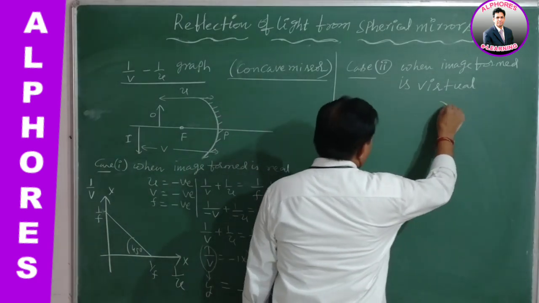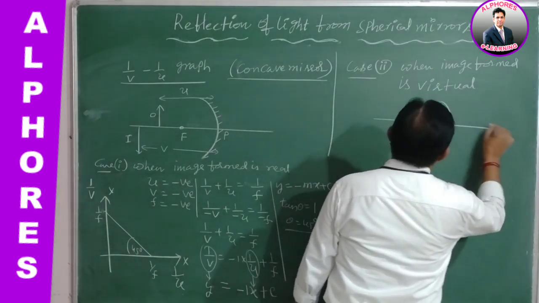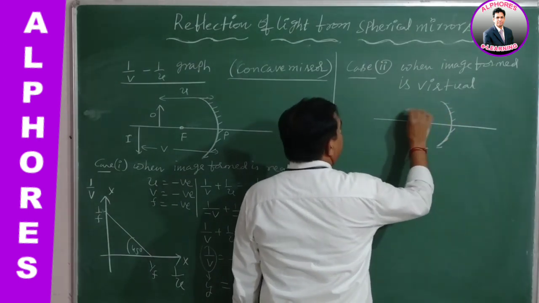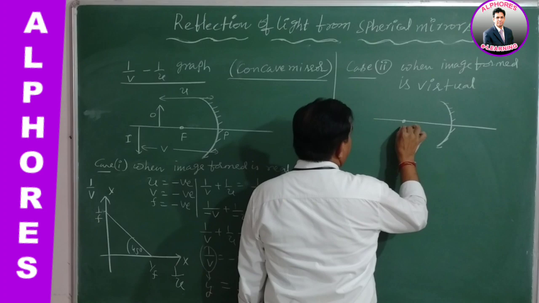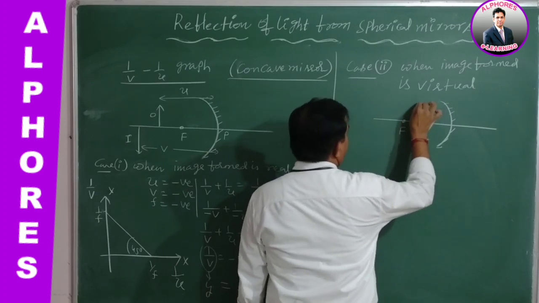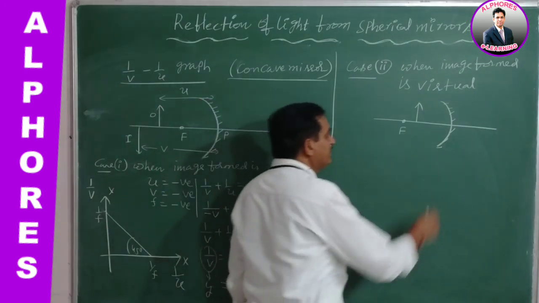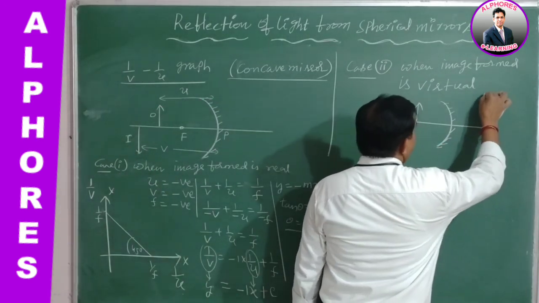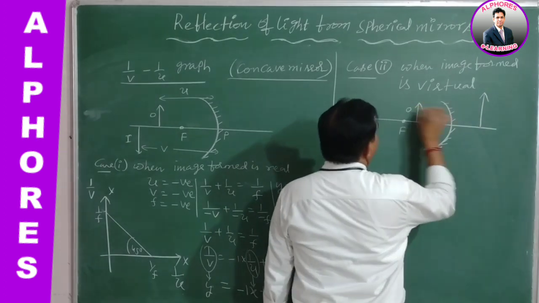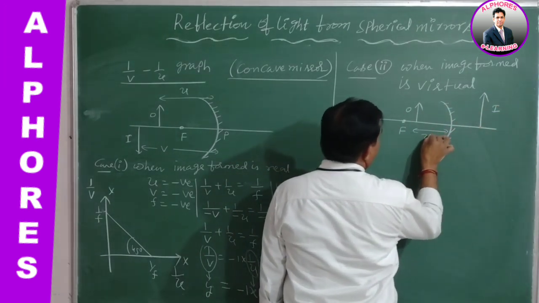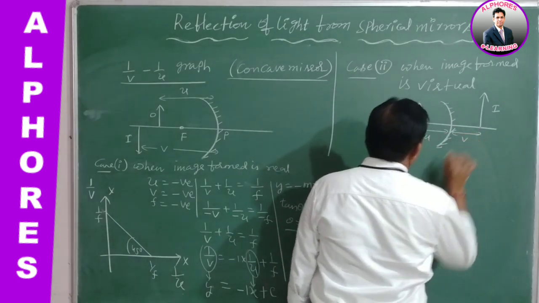See in the diagram, this is a concave mirror. The object is kept within the focus point. Then the image formed will be virtual. This is the object, this is the image. Object distance is u, image distance is v.